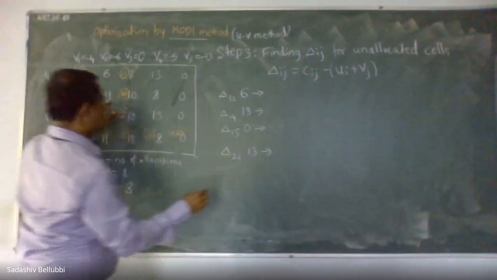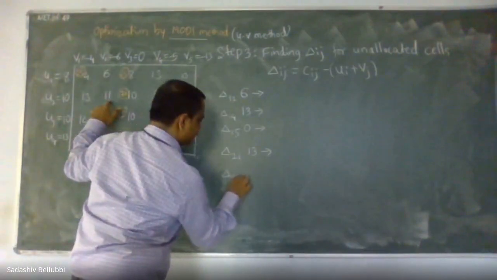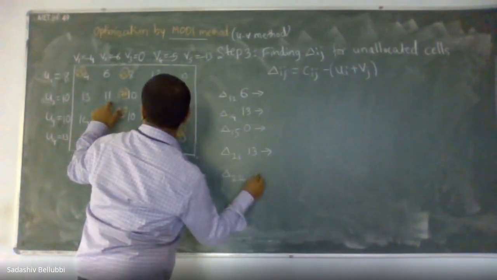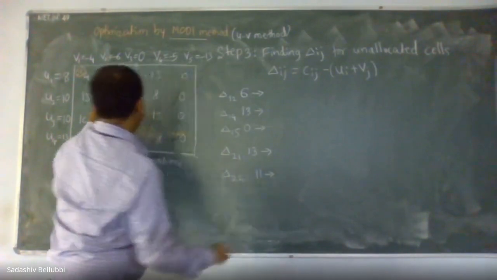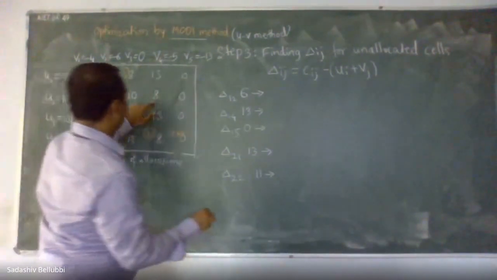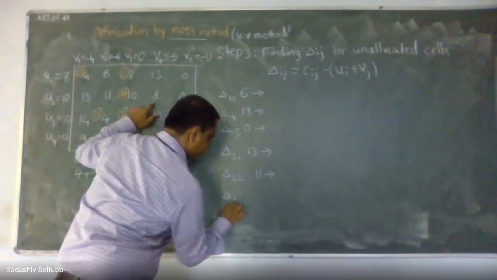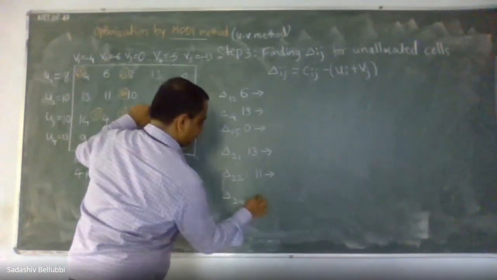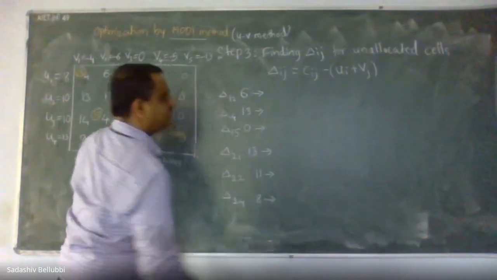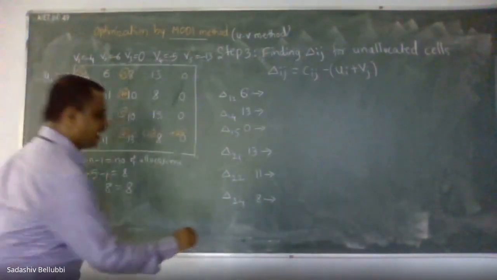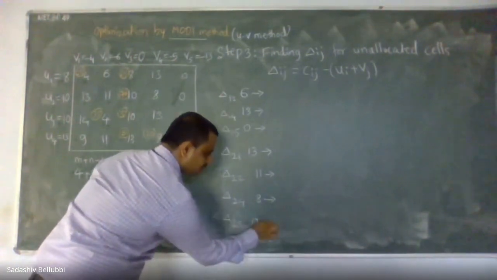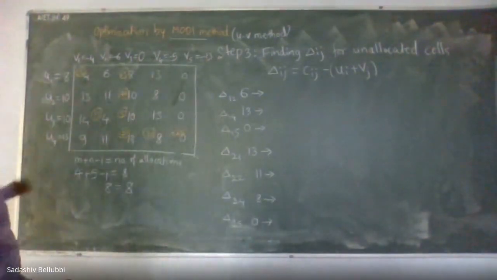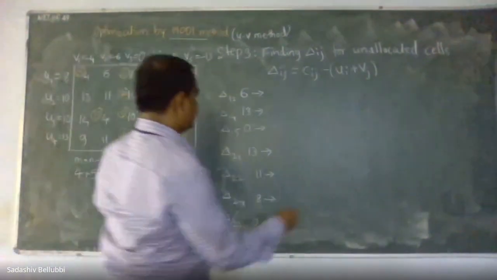Next one, delta 2,2, that is 11. Next one, delta 2,4. For all the unallocated cells, we need to find delta 2,5 and delta 3,4.